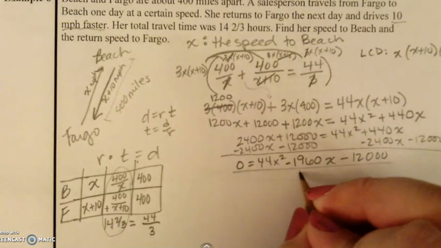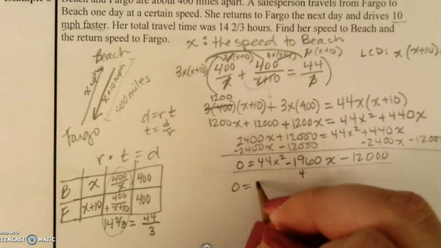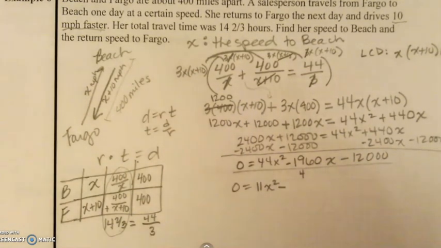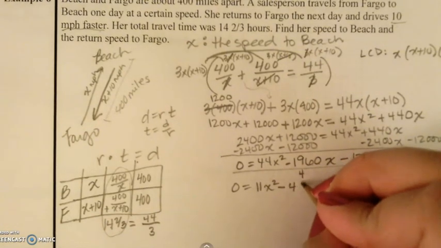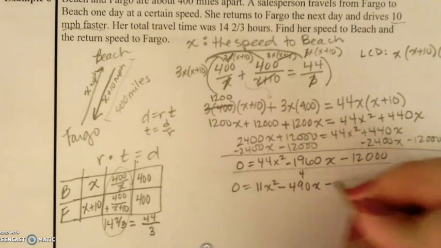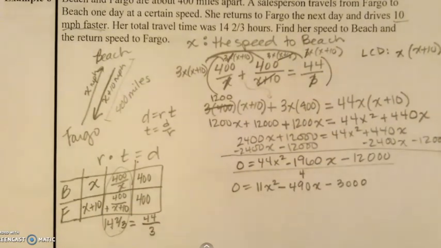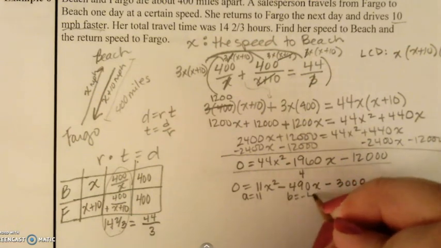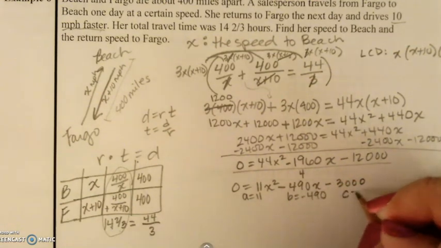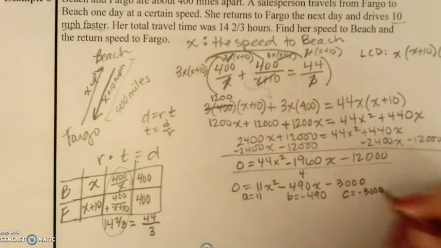Divide everything by 4. 0 equals 11x squared minus, divided by 4 gives us 490x minus 3,000. Very nice. Now 11 doesn't look like it would go into my other terms, so that's as small as we can get it. Now we have a equals 11, b equals negative 490, c equals negative 3,000.